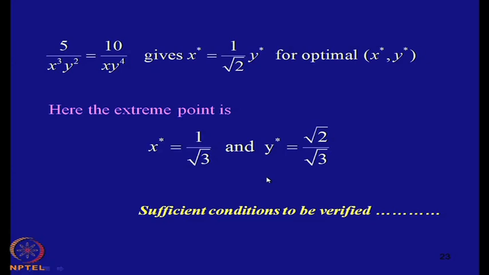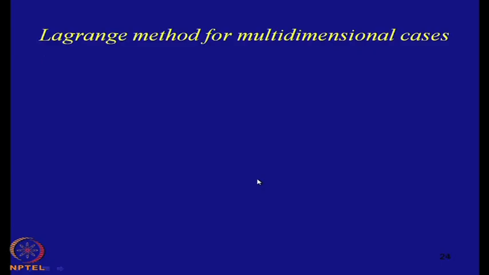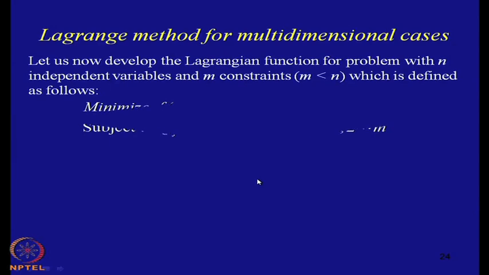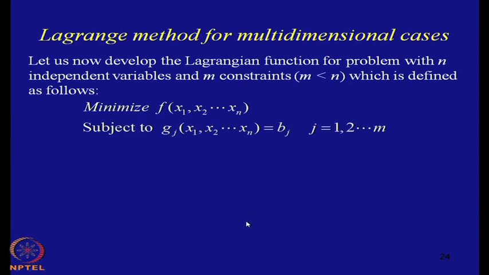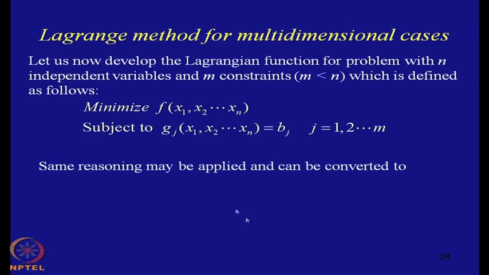For verifying the sufficient condition, we need to know what the sufficient conditions are for the given Lagrange function. That will be explained next, but before that let me explain the necessary condition for a general nonlinear programming problem, where the function has n decision variables and m constraints. Here also the same reasoning can be applied.